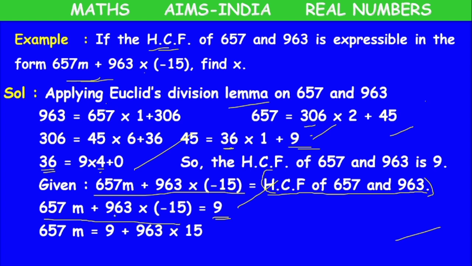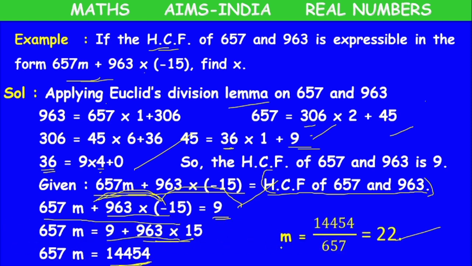So then what happens? This minus will become plus, and this value will go that side and become minus. After multiplication and adding, the right hand side value will become this one. If I want to find M, this 657 will come this side.